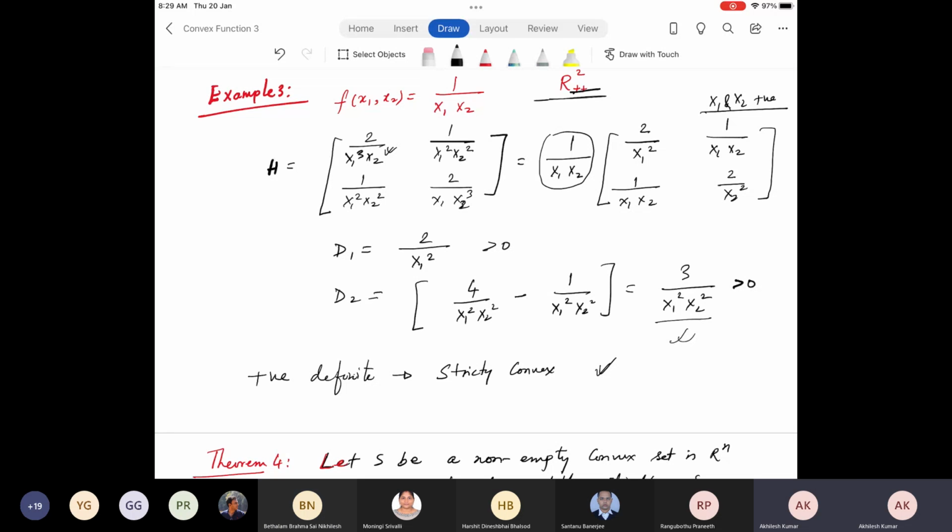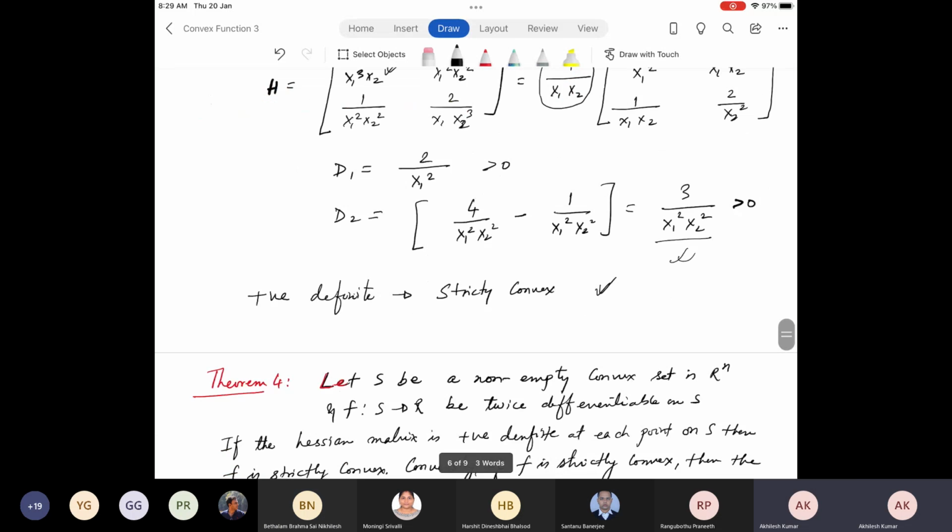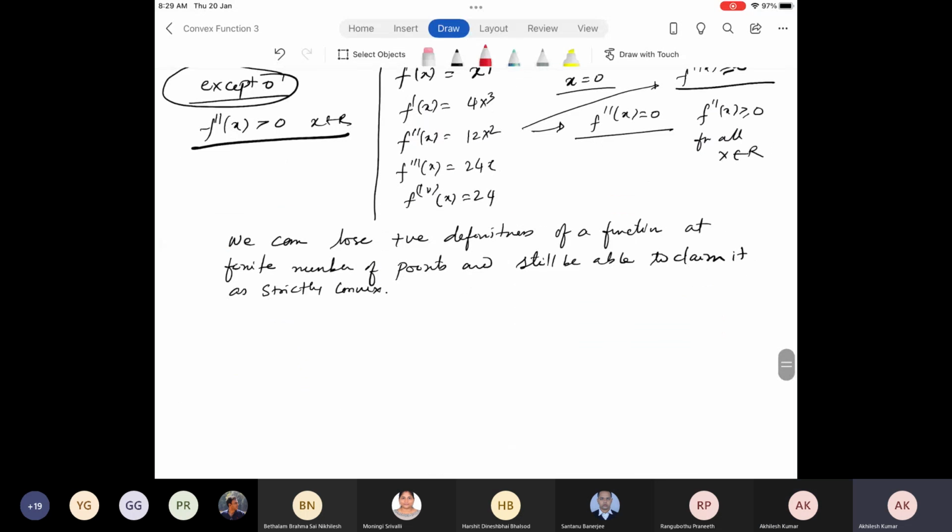Now let's try another example. Example 4. Over what domain is the function f(x) equals x squared into (x squared minus 1) convex?